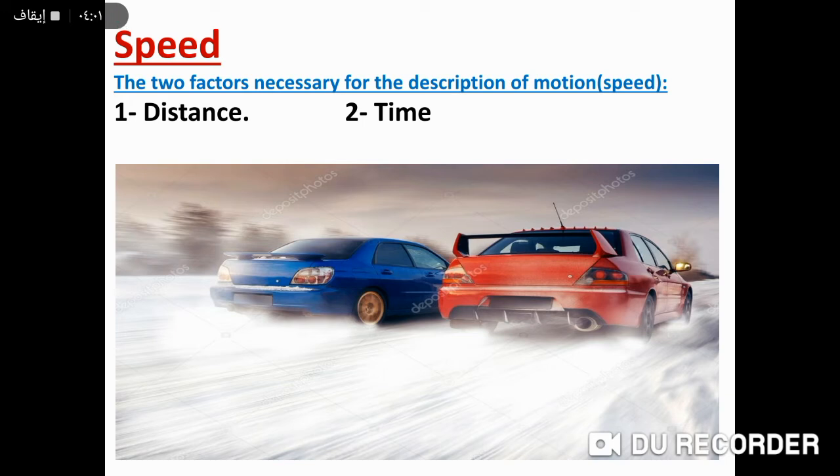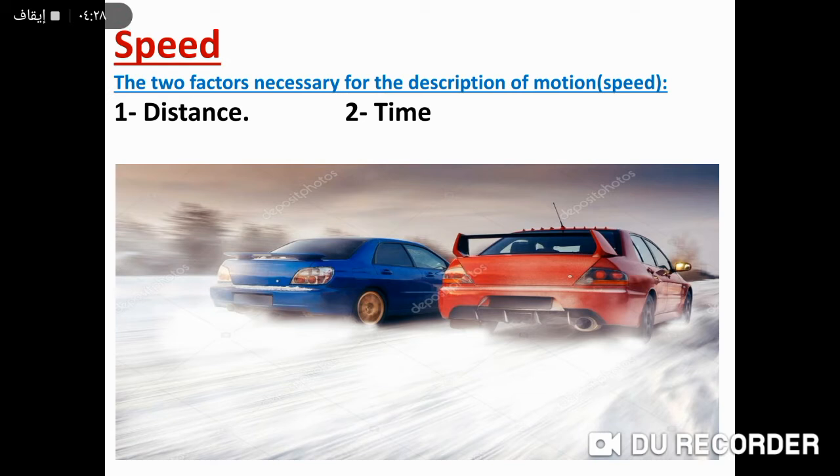Okay, let's take another example. Let's talk about the red car first. If the red car covered 100 meters in 10 seconds, but the blue car covered 100 meters in 20 seconds, which car is faster?